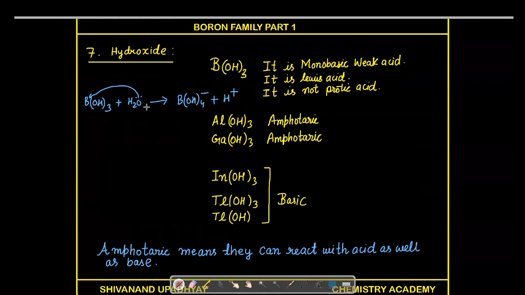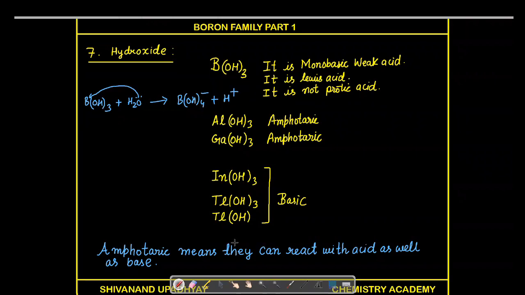When something is added to water and increases H+ in water, it is an acid. It accepts one lone pair of electrons or one OH-, so its basicity is equal to 1. But it is not a monoprotic acid. It cannot give an H+ ion; it can accept an OH- ion. It is a Lewis acid, so it can accept one OH- ion. That's why its basicity is equal to 1.